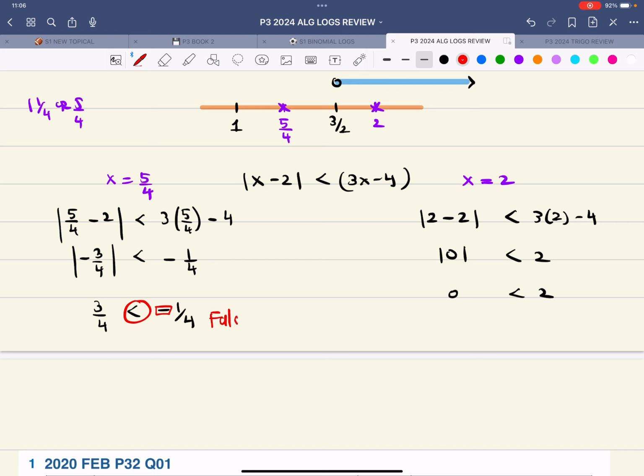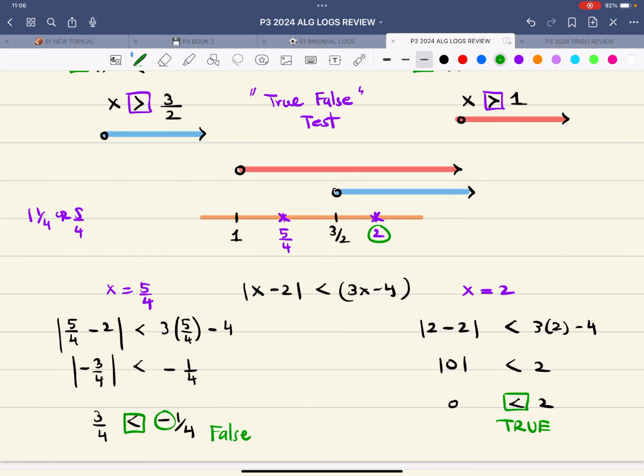This thing is false. And over here, let me not use a red marker, let me just use a green one. So this is false. And over here, 0 is less than 2. Yes, this is true. Now this 2 over here represents this region. So this inequality is true.